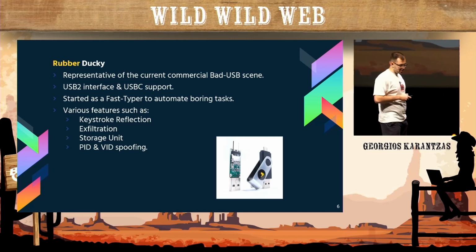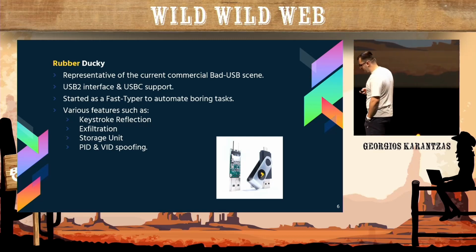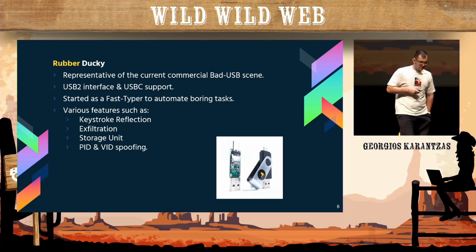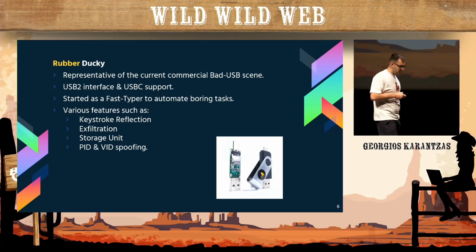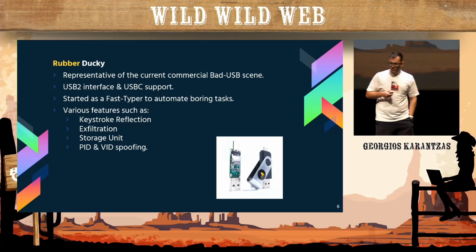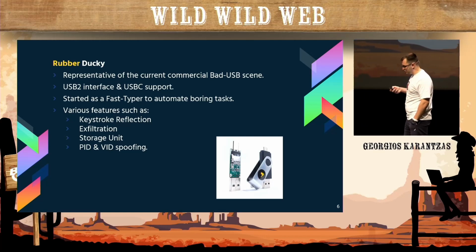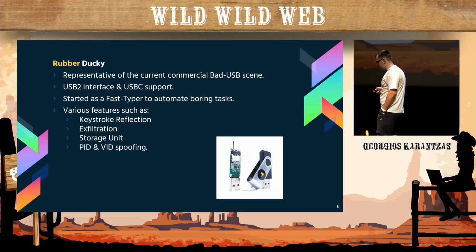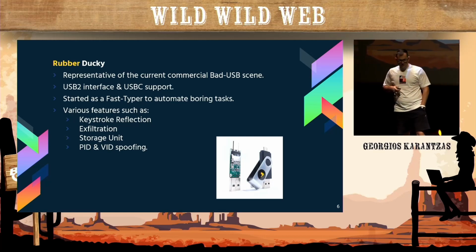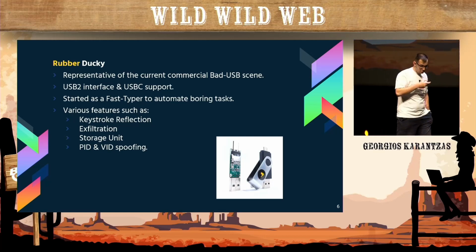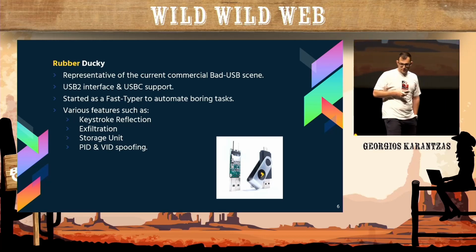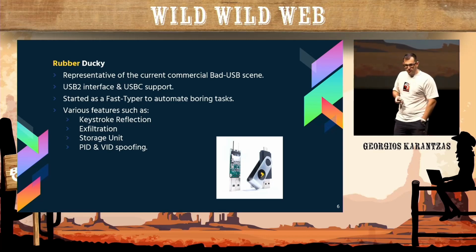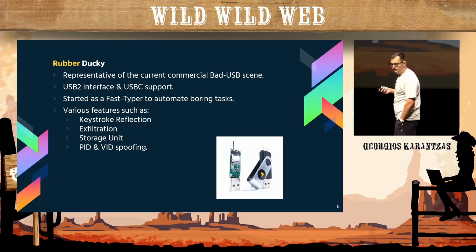A couple of things about the Rubber Ducky. The Rubber Ducky is, as we said, the most common representative of the BadUSB scene. It's a fast typer. It has several cool features, and it has evolved as time goes by. It's currently under development, so it improves and improves, and it introduces several very interesting features like vendor ID spoofing.